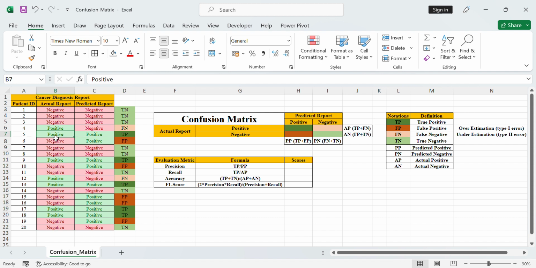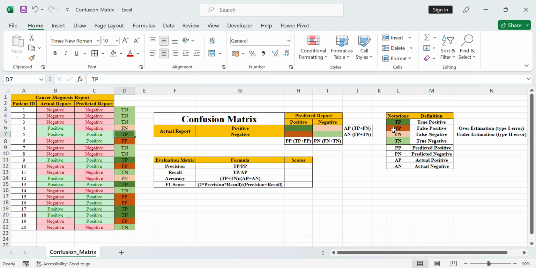You can see it is marked in the darker green one. The prediction by the machine is positive, and the actual report is also positive. So this is a true positive case, since the machine has truly predicted positive.